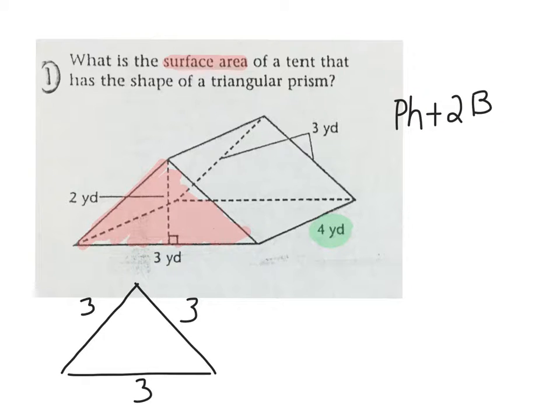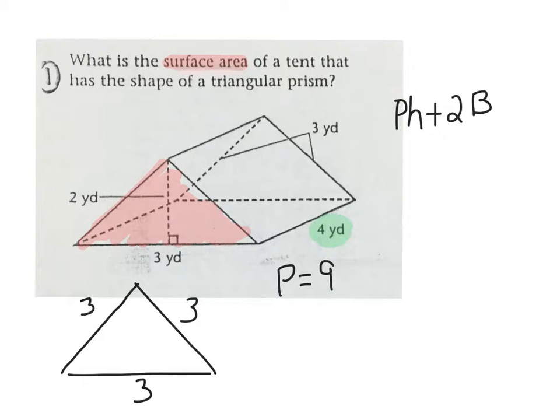Okay, so then for perimeter of the base, when I add up my sides of the triangle, I'm just adding up those. I still have that one that's in the middle, but I'm not going to use that for perimeter of the base because that's not any of the outside sides of that triangle. So 3 plus 3 plus 3 gives me 9. Whoops, let me write that.